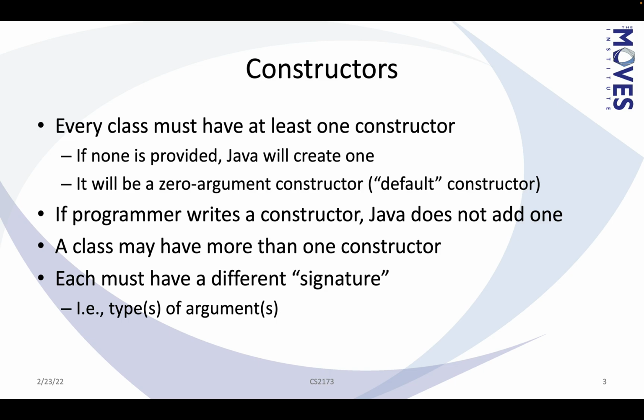This word signature, in either a constructor or a method, means the types of arguments that you have. If there are no arguments, the signature is zero arguments. If there's a string, the signature is string. If the constructor or the method requires a string, an integer, and a double, the signature is string, int, double.